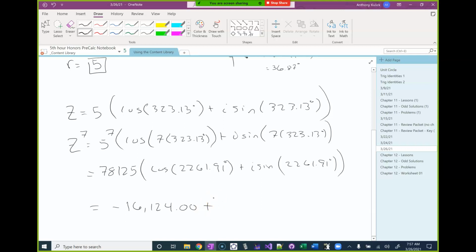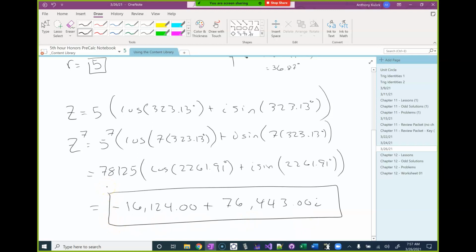And then I'll do the same thing for 78,125 times sine of 2261.91, which gives me 76,443, well, really, I guess .00, i. And that's my standard form answer there, rounded to 2 decimal places.